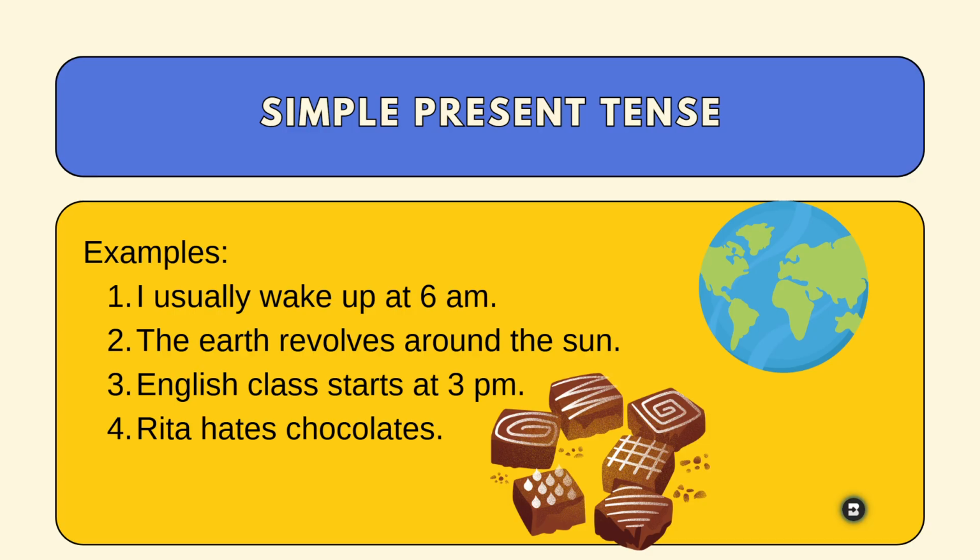It never changes. So the example for that is Rita hates chocolates. So it is a state of mind, her state, her taste. Okay, so here the subject is Rita and it is a singular subject. The verb here is hate, and we add s along with the verb since it is a singular subject.